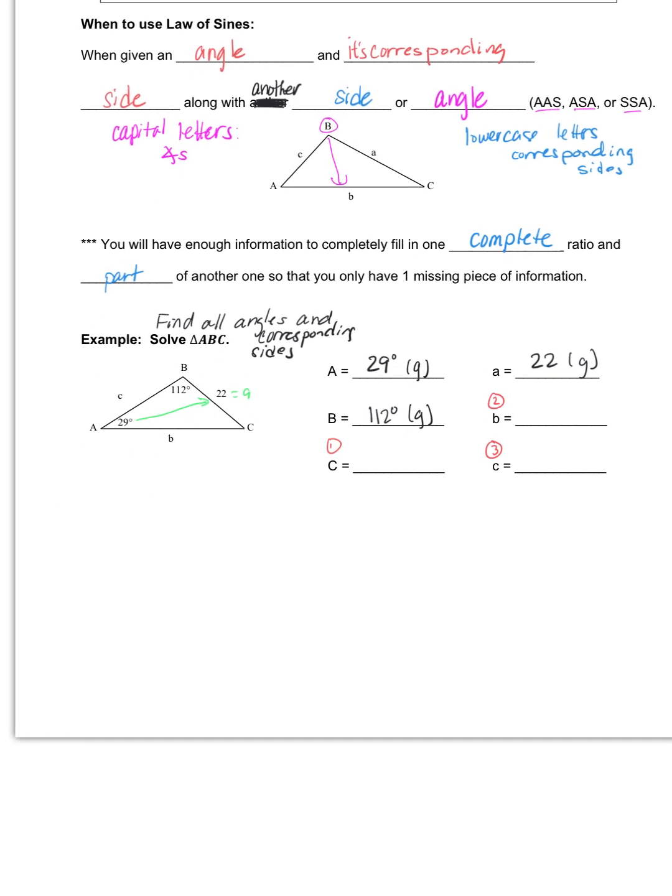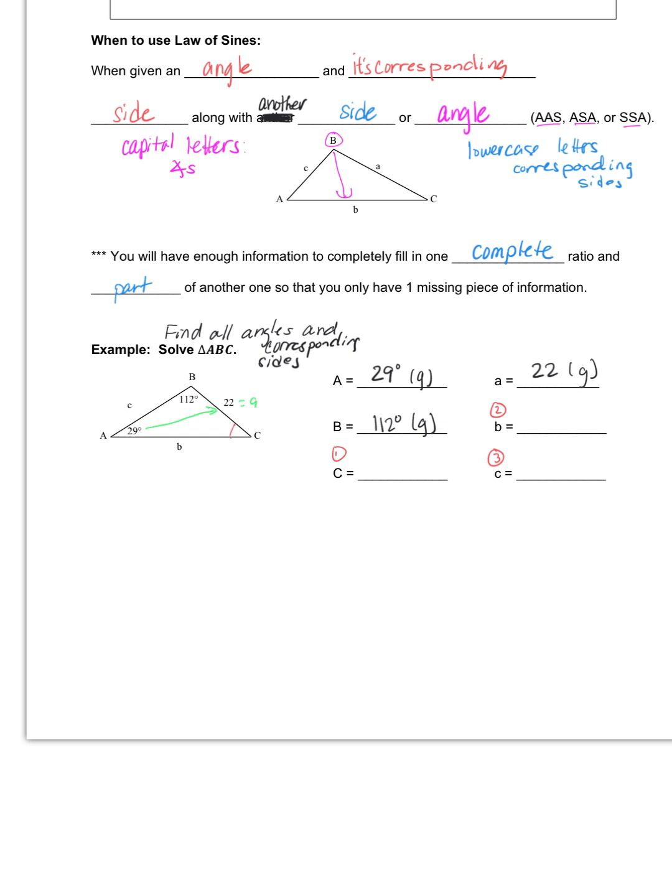So the first thing I'm going to do is look at C. Big C is angle C. The first thing I know in mathematics is that there are 180 degrees in a triangle. So if I subtract 29 and subtract 112 from 180, that will give me big C, and that answer is 39 degrees.